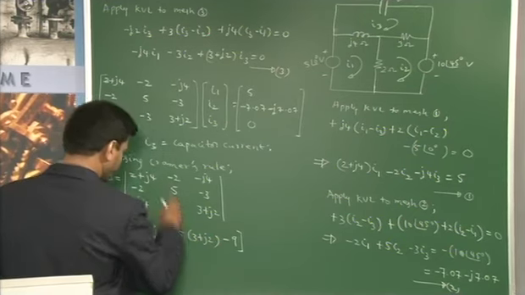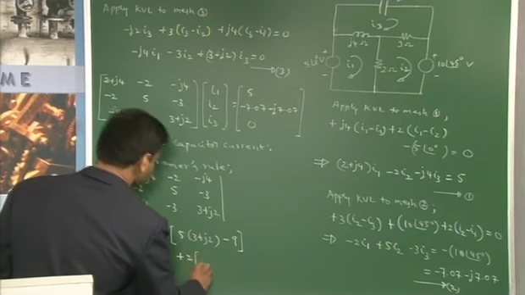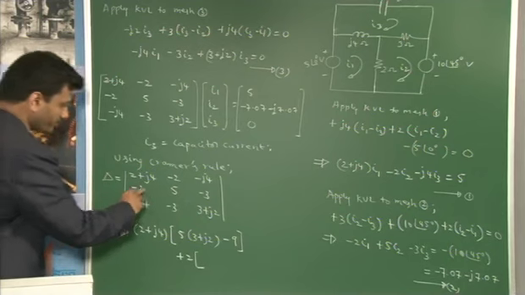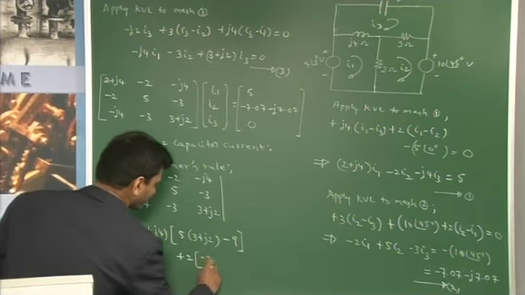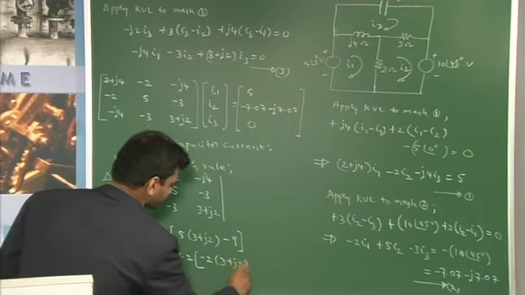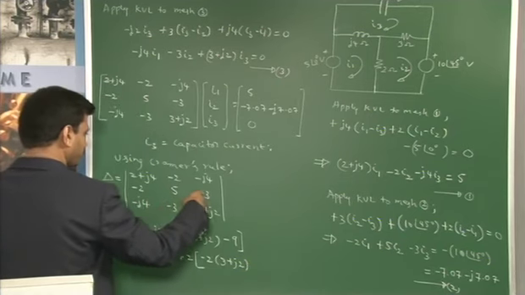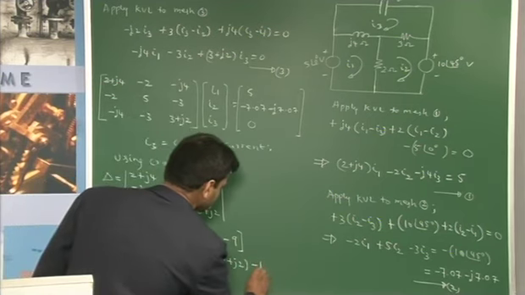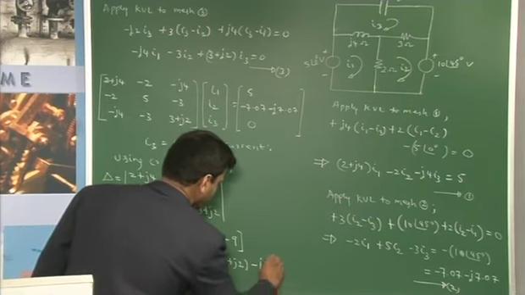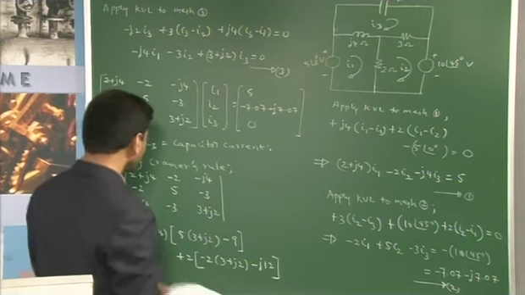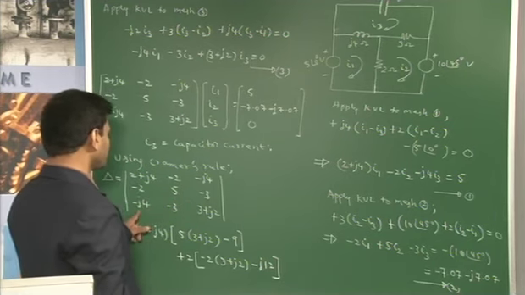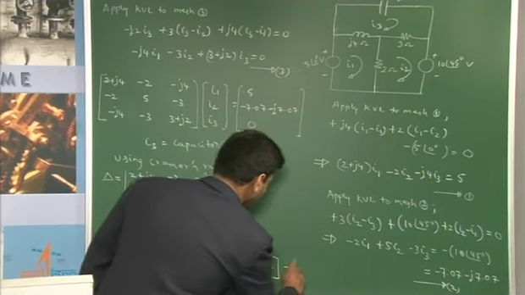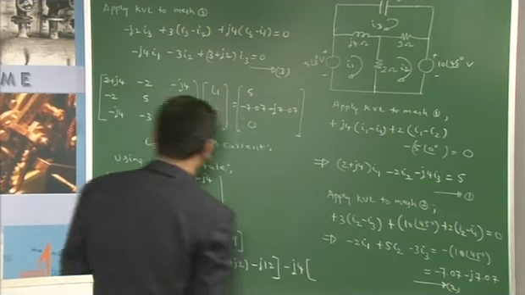Next, minus into minus is plus: 2 minus 2 into (3 plus J2), then minus 3 into minus J4, so minus J12. This minus 3 into minus J4 is plus J12, but there is an inherent minus, so minus J12. Then minus J4, again a square bracket opens.